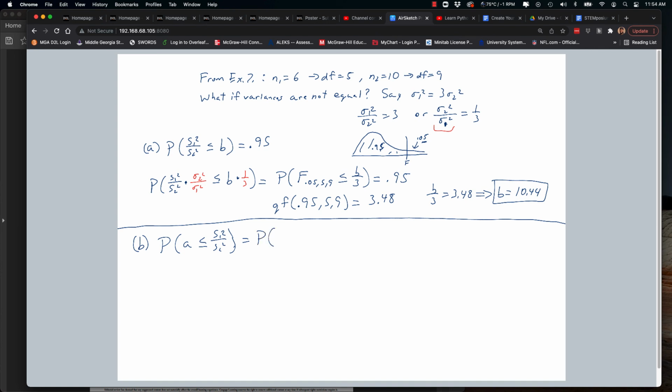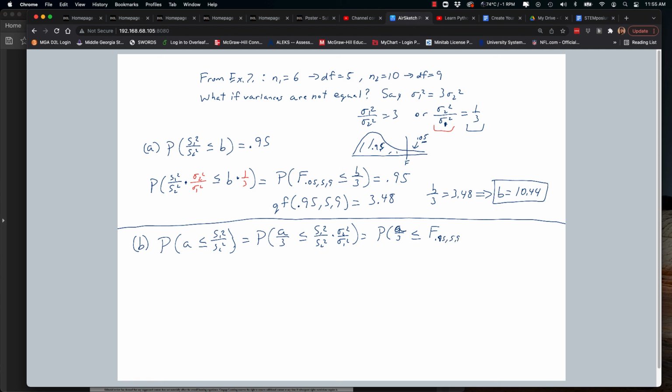So I'm going to multiply a times 1/3. I'm still going to use the same ratios up here to turn this into the proper f distribution. So I end up getting a over 3 is less than or equal to s1 squared over s2 squared times sigma 2 squared over sigma sub 1 squared, all right, which equals the probability that a over 3 is less than or equal to the f distribution of, instead of 0.05, it's 0.95 realistically, comma 5, comma 9.